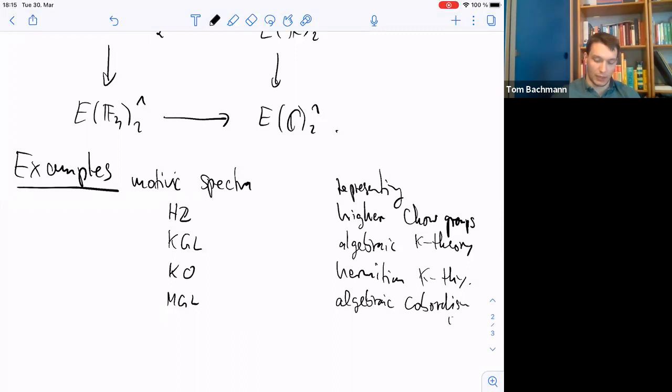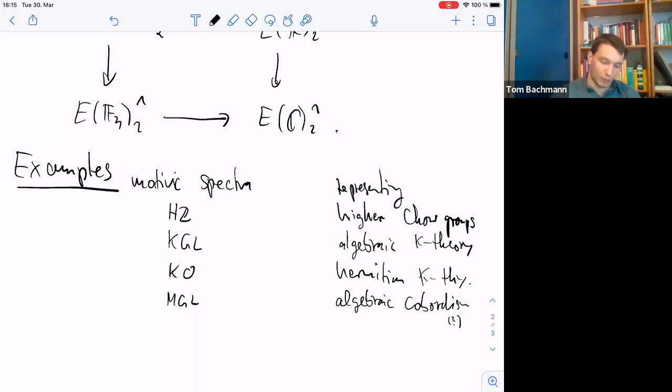Let me put a little question mark here, because I would say it represents algebraic cobordism by definition, but some other people have other definitions of algebraic cobordism, which we may or may not agree with. In some degrees, maybe not, but I think it's a pretty reasonable guy. So probably it agrees with all the other reasonable definitions, but I don't know.